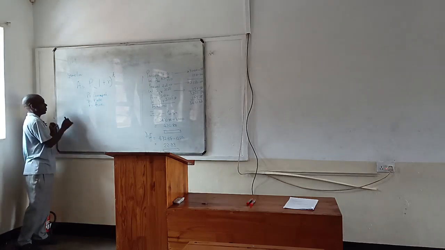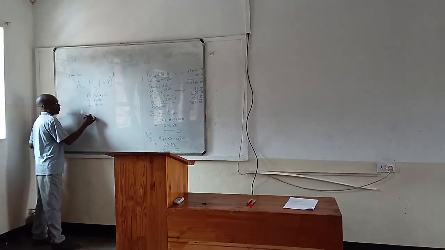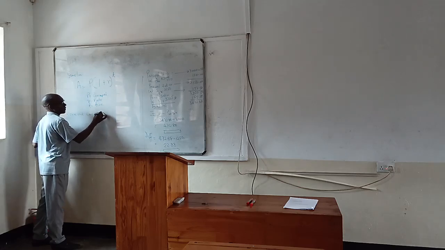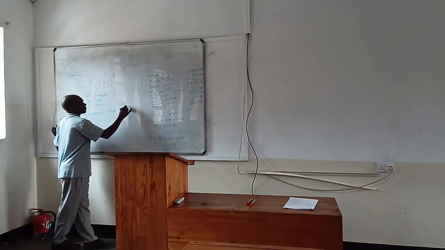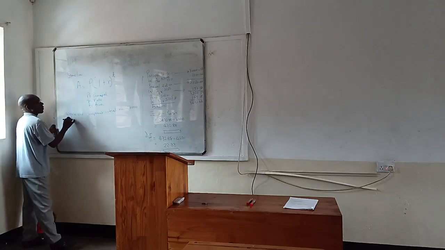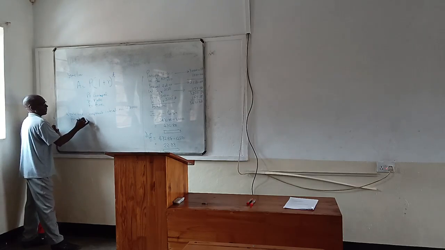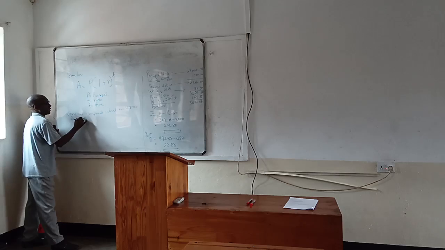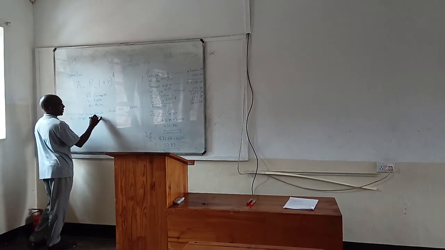For example, work out compound interest on 3,000 kwacha for, let's say, 10 years at 5% per annum.